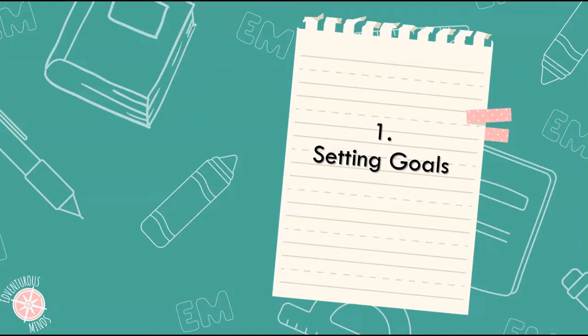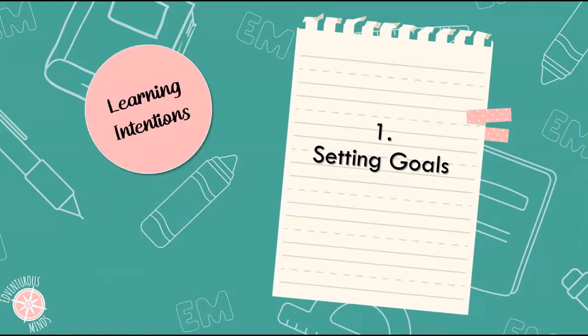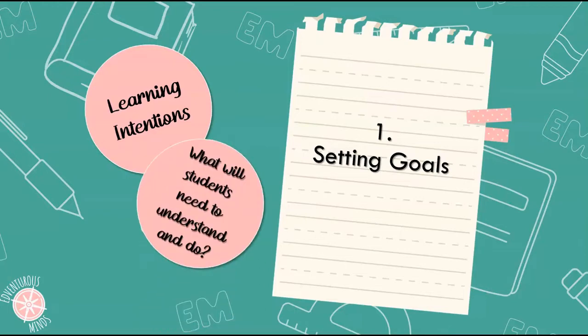But it's really important for kids to have an understanding of what's actually going to be expected of them and what their goals are for that lesson on its own and that unit and all of those sorts of things. Goals are going to give kids a bit of a mind map as to where to go. We do this for each individual learning in the form of a learning intention. So it tells that kid what they're going to need to understand and do in this particular lesson.